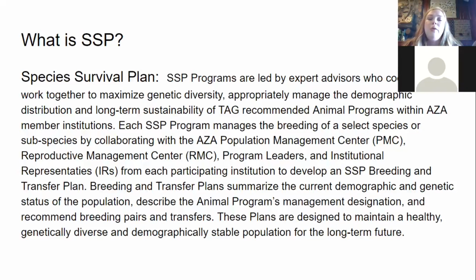So this could be somewhere like Cheaha, where we have red wolves and we have two, but maybe there's another red wolf that lives in North Carolina that has the genetics that they're looking to express. And they know that one of the red wolves we have would be able to pair really well and express those desired traits with the red wolf that lives in North Carolina.